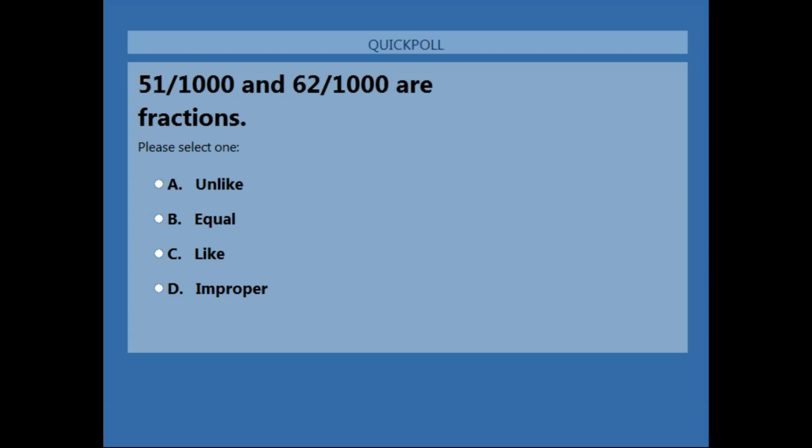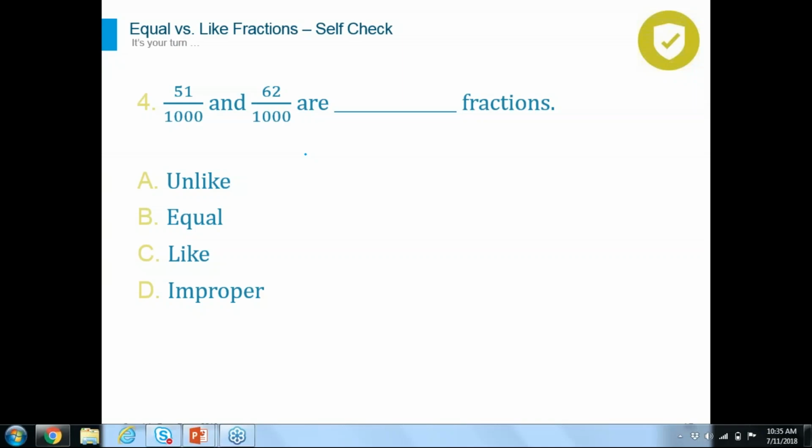Okay, I'm going to wait for everyone to select their answers. Just a few seconds, and then we can do the question together. Okay, let's do the question together.